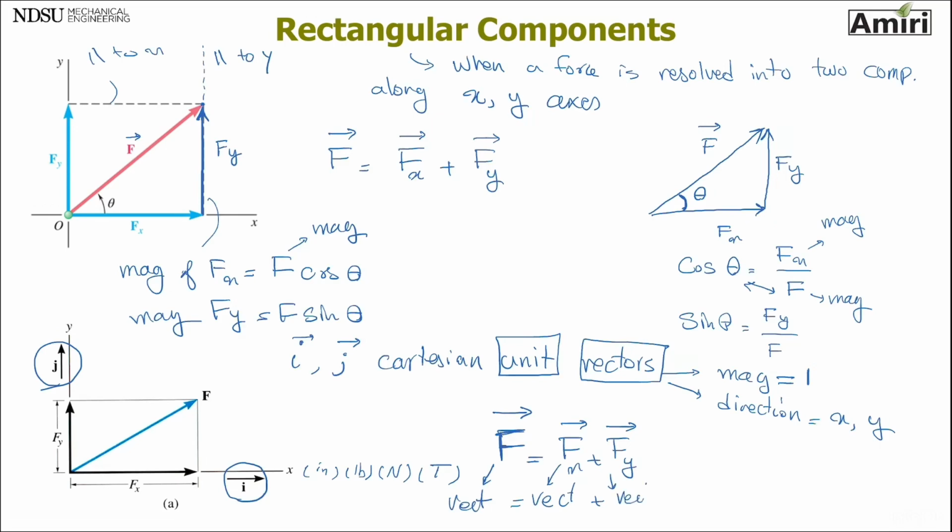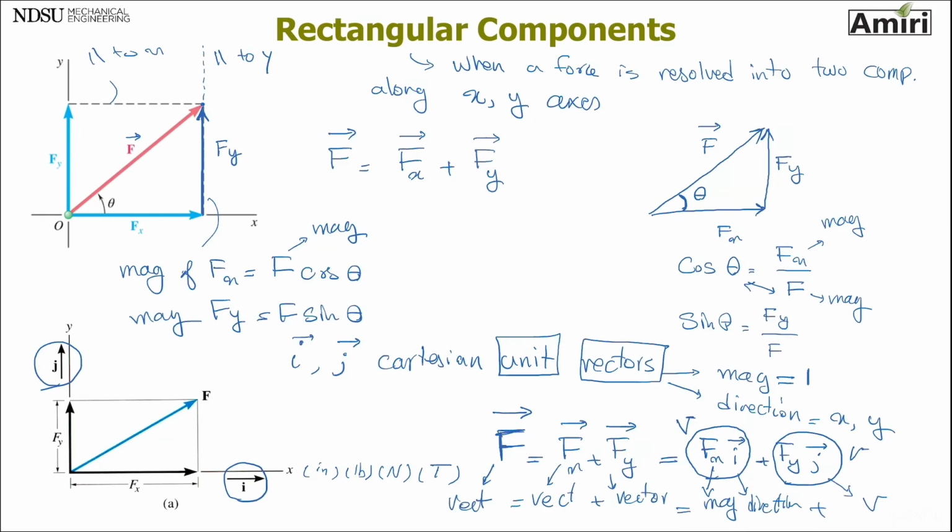This is a vector. fx i plus fy j. You see my notation changed. This whole thing is a vector because it has a magnitude and it has a direction. So you see that? I'm still consistent.